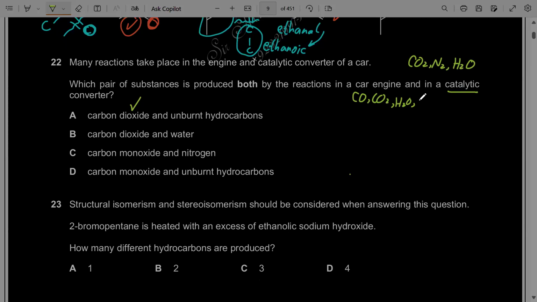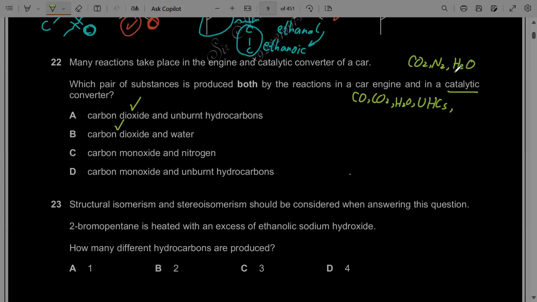unburned hydrocarbons. I will write UHCs, unburned hydrocarbons. And from the given options, we have these compounds. So carbon dioxide is produced by both the catalytic converter and inside the car engine. So carbon dioxide is present in both option A and B, and water.